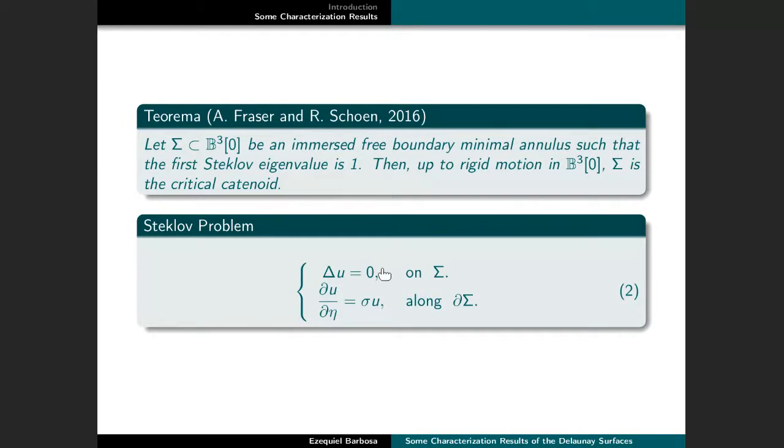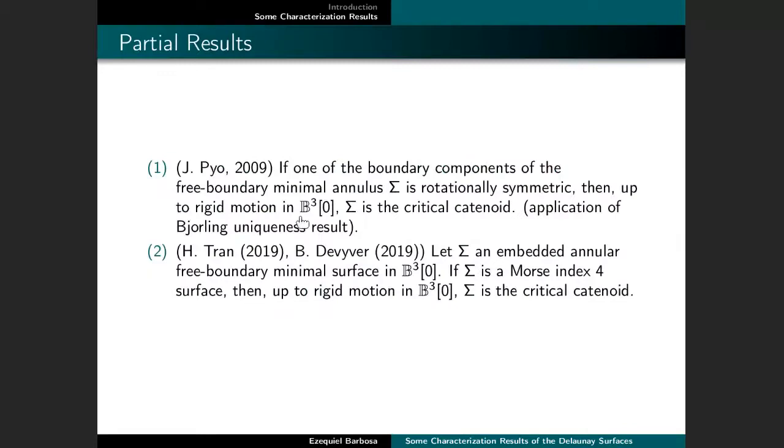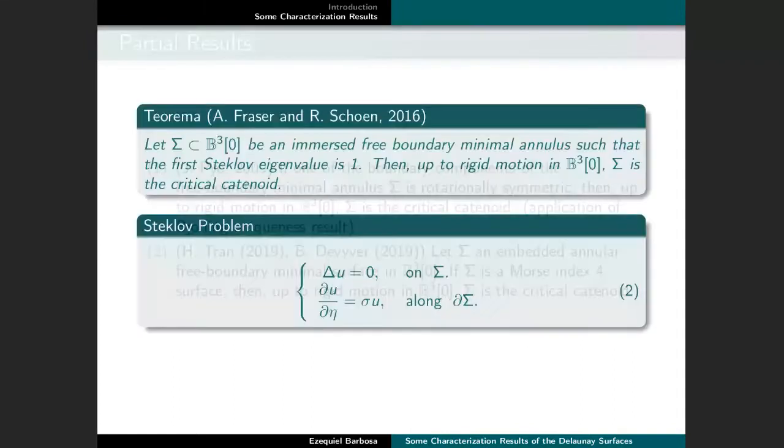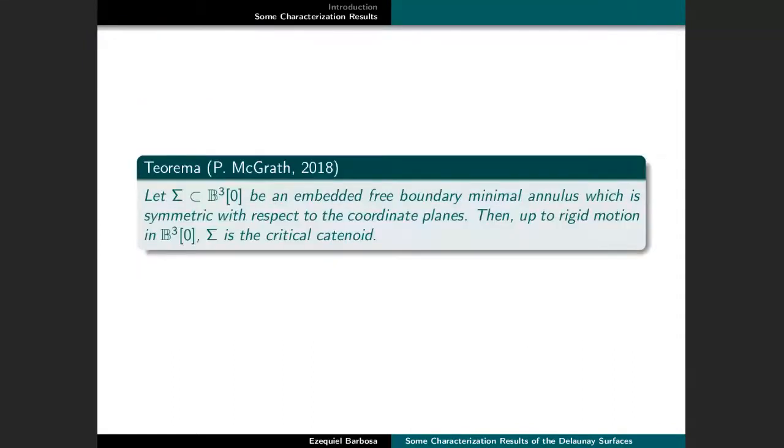The Steklov problem is this one. But if one is exactly the first Steklov eigenvalue, then this surface should be the critical catenoid. And this result was explored by Tran and David in order to prove this result considering this Morse index condition here.